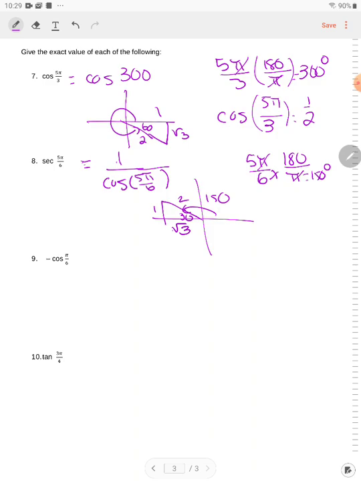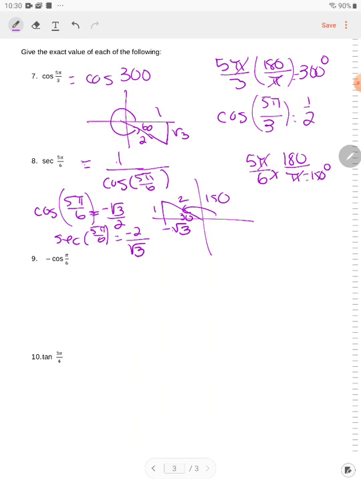Okay, so cosine of this angle, or we could just flip it, so cosine of 5 pi over 6 is adjacent over hypotenuse, so negative root 3 over 2, because remember, in points, that's negative 3. So secant of 5 pi over 6 is equal to negative 2 over root 3.